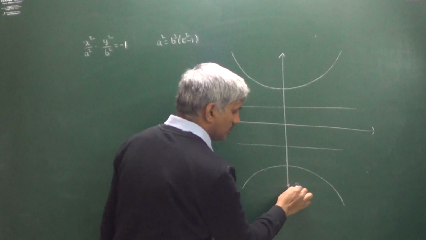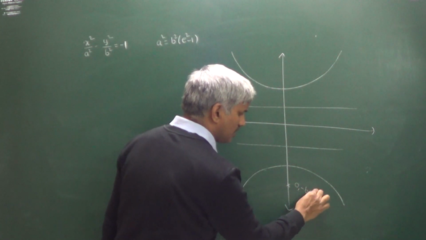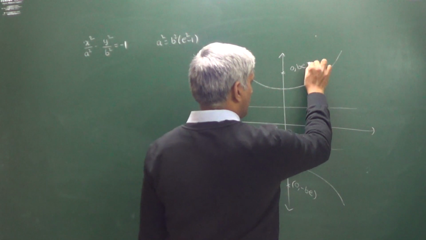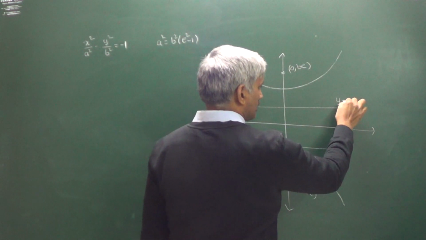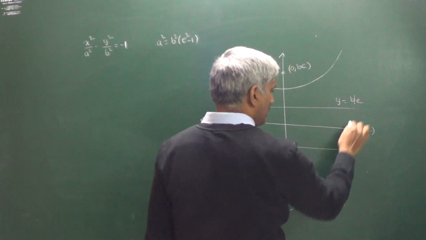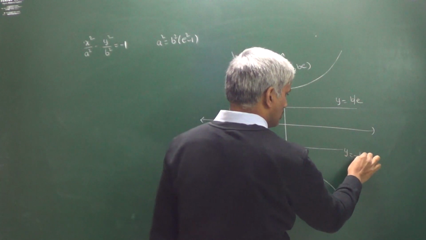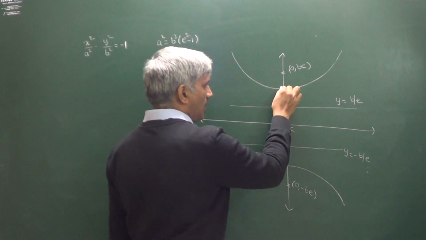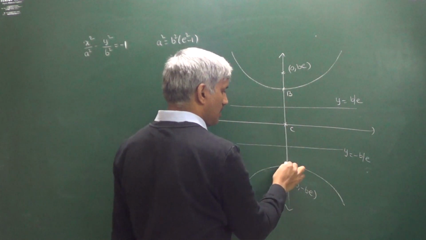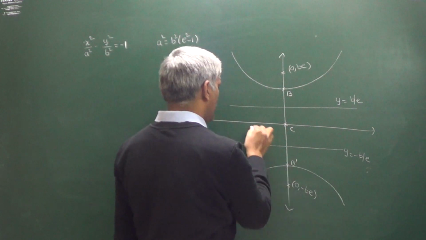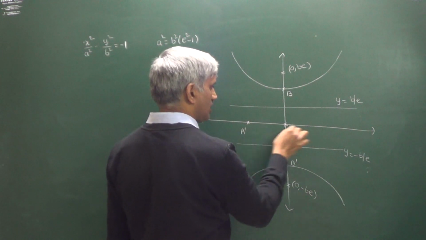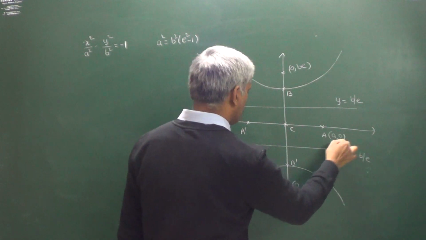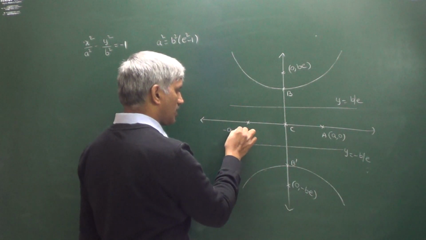This focus is (0, −be) and this focus is (0, be). The equation of this directrix is y = b/e, and this directrix equation is y = −b/e. So this is C, and we can say this one is B and this one is B'. One point is A' (a, 0) and this one is (−a, 0).